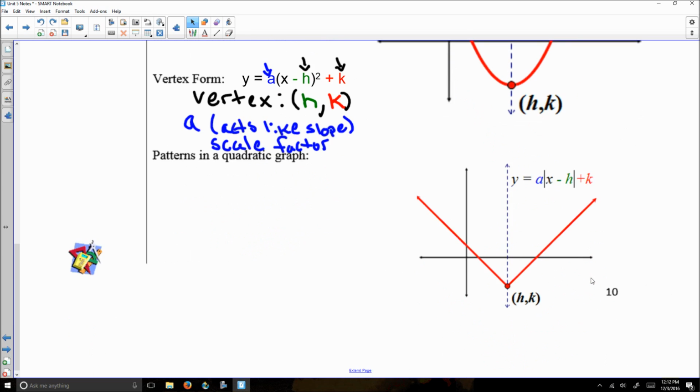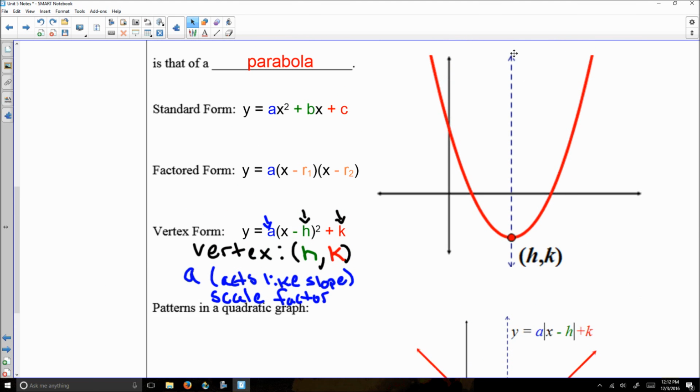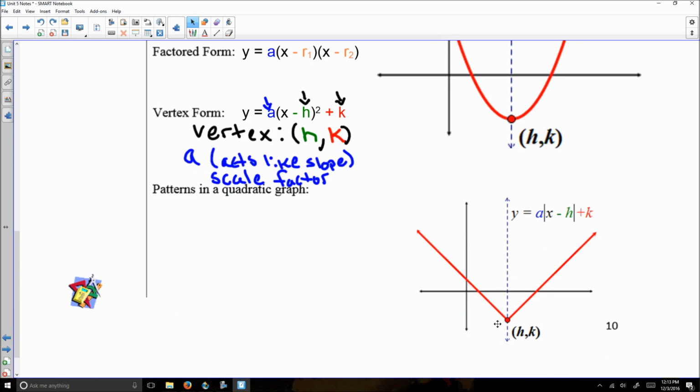Also, like the absolute value graph, the quadratic graph has an axis of symmetry which passes vertically through its vertex. The graph is symmetric, meaning self-similar, on either side of that axis of symmetry. The equation of the axis of symmetry is x equals h.